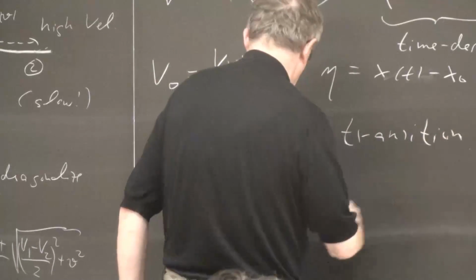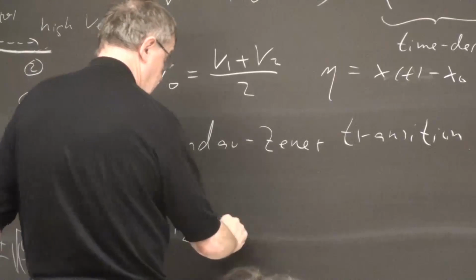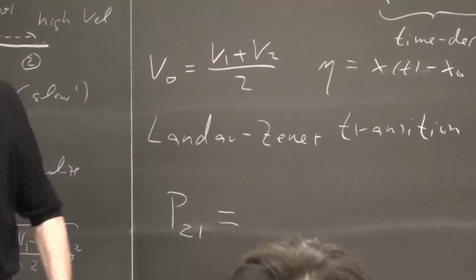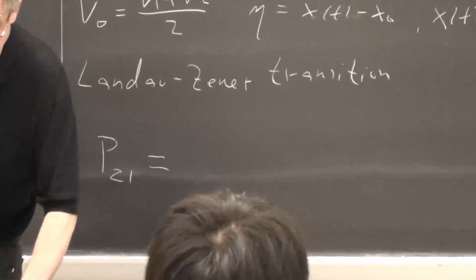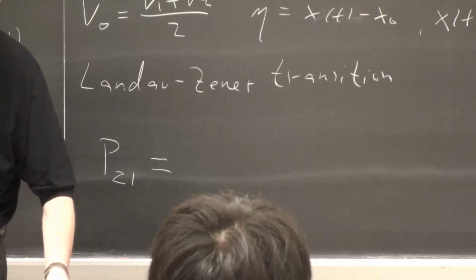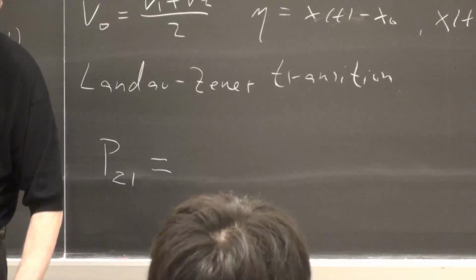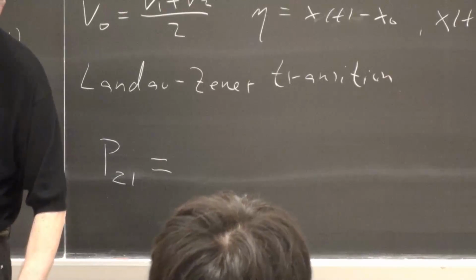And now I want to give you the formula for it. What's the probability P21 that we are going like this? And now I should remember it, but I don't. So we have to do this very carefully. You'll see from the formula that one has to be quite careful about it.